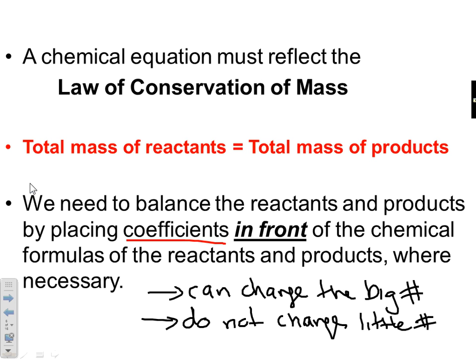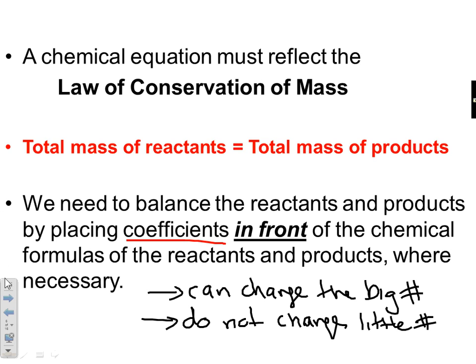Now, you learned how to balance probably some very simple ones in grade 10. Now we're going to be dealing with more complicated chemical reactions. Some of them are going to have polyatomic ions like sulfates and carbonates, and lots and lots of different types of atoms. If we simply count each atom, it's going to get very confusing and very difficult.